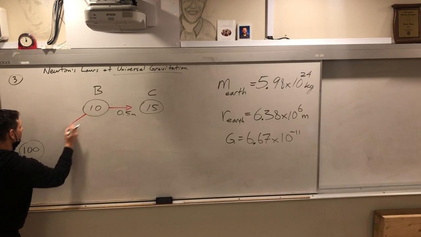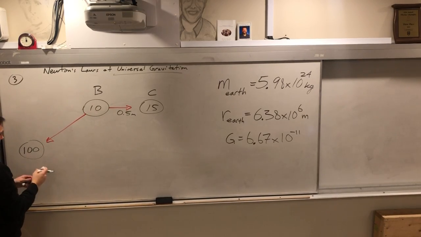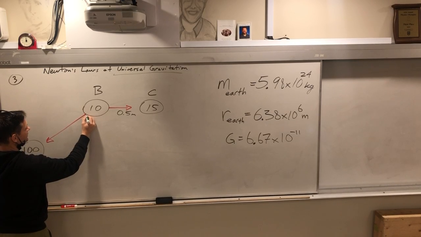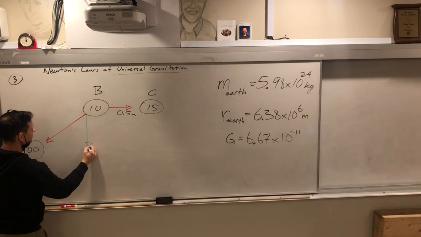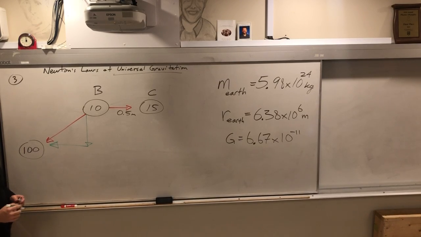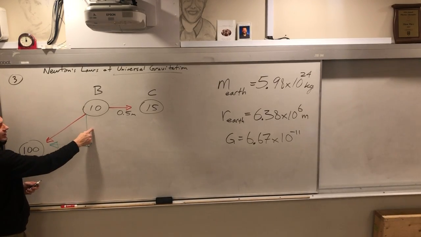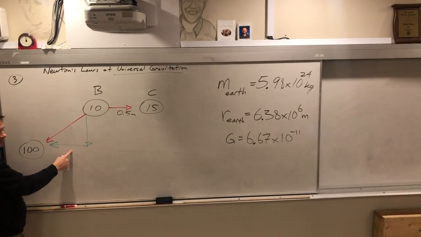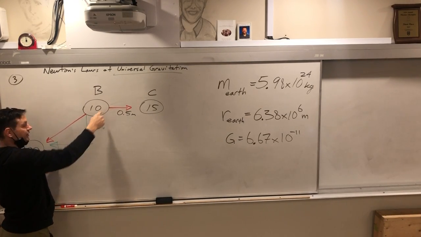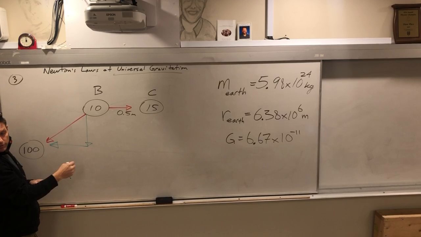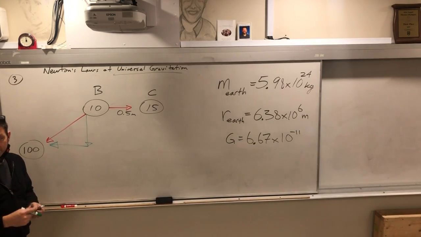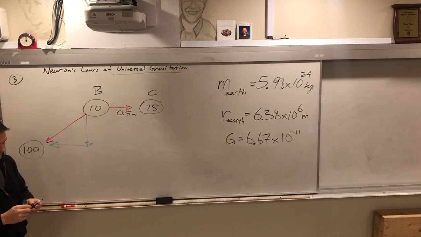I would have to tell you the position of this one. It's actually not that hard. You'd have to say, well, this is made up of a vertical component down and a horizontal component to the left. Use your trig to get this and that. This one you add to the other horizontal. And then this is your vertical. It's actually not that hard, but you have to build a triangle at the end to get the final force.